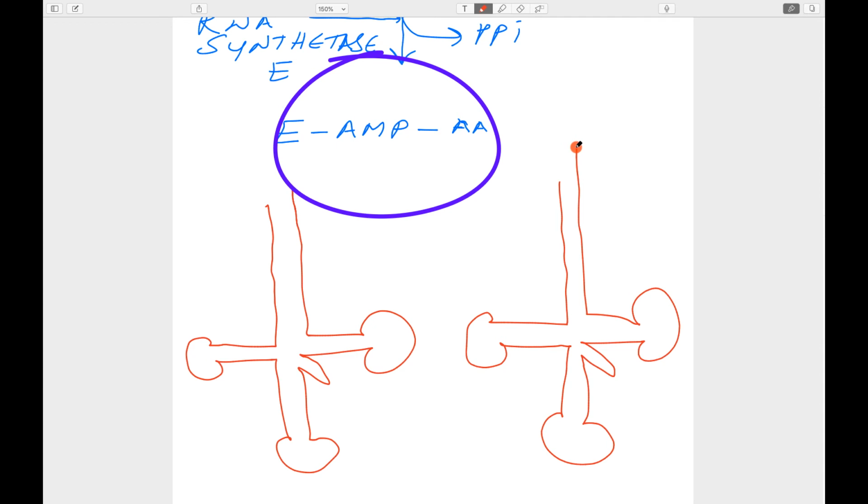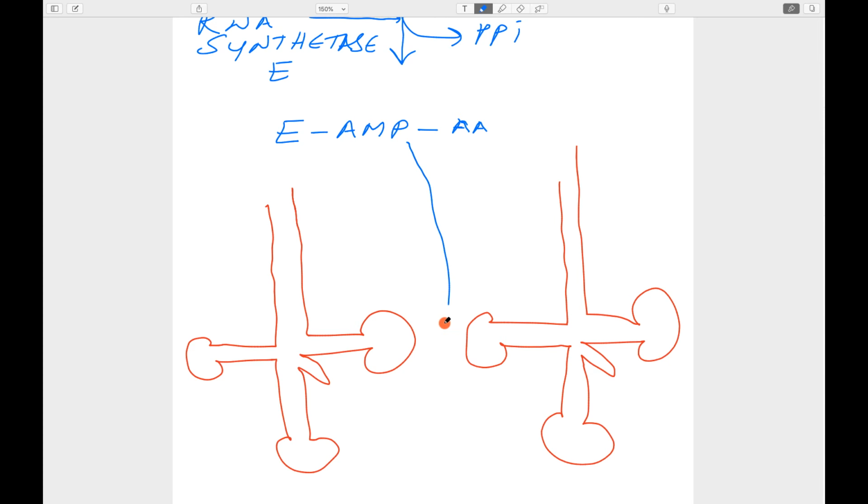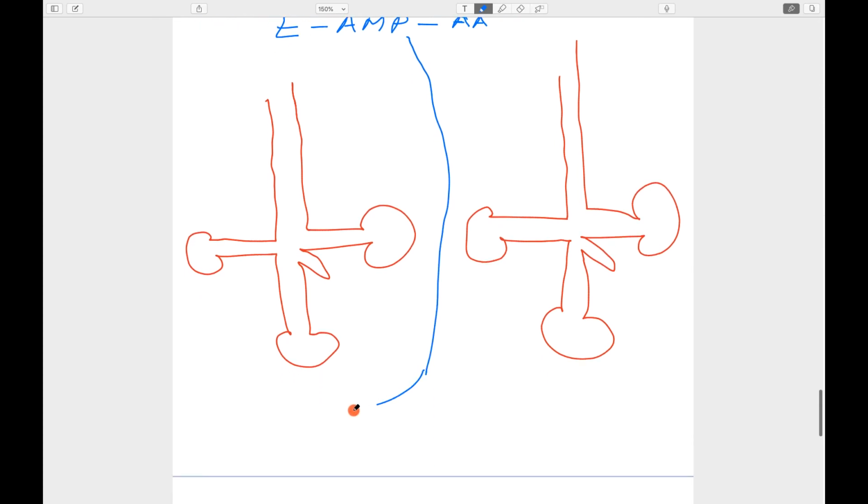This is the transfer RNA. What happens here in the transfer RNA? How does the amino acid bind to the transfer RNA? Let us see here. This one goes to here. This is converted to this one.